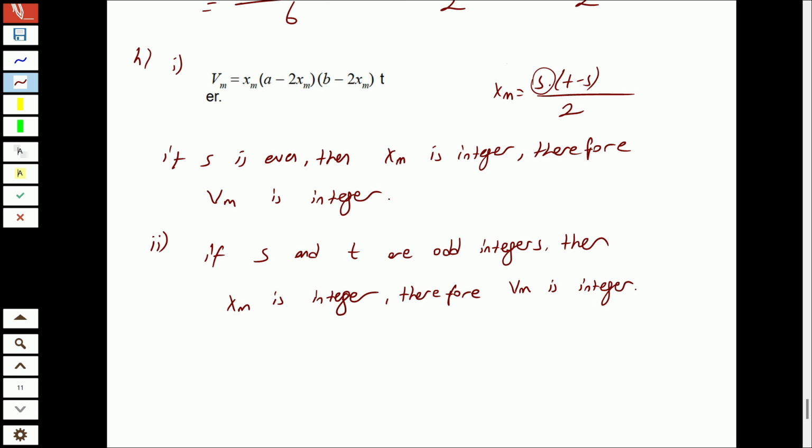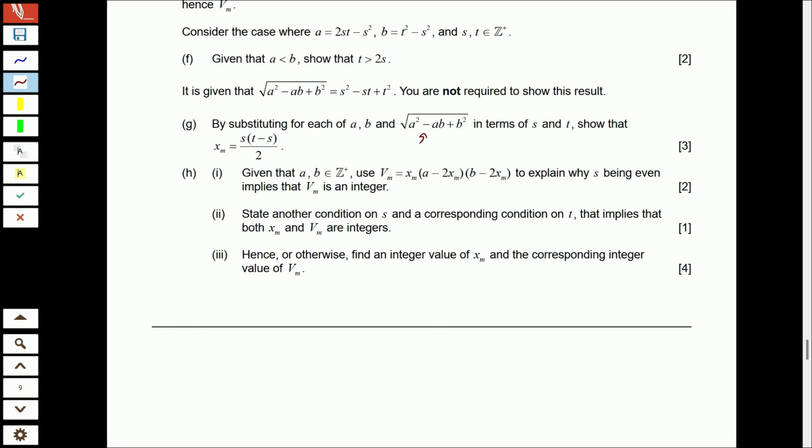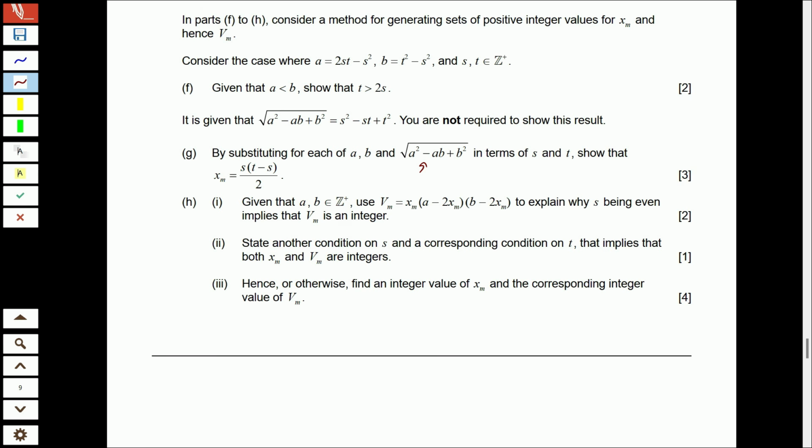So the last question asks to find an integer value of x sub m and the corresponding integer value of v sub m. If you see that t is greater than 2s, you can, for example, choose s equal to 2, and in this case t can be, because I know that 2s will be 4, you can choose t as 5.